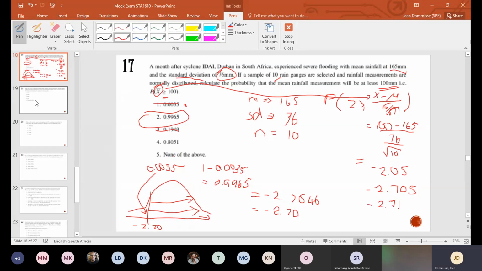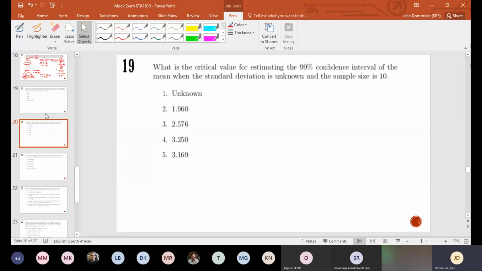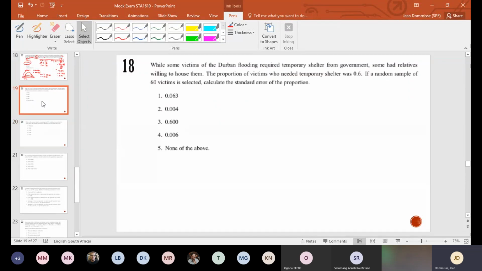Okay, let's go to the next question. I'm wondering where the t values need to come in. I'm always hesitant to ask where the t distribution is, but luckily not yet. While some victims of a Durban flooding require temporary shelter from government, some had relatives willing to house them.